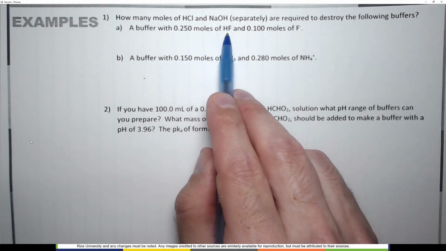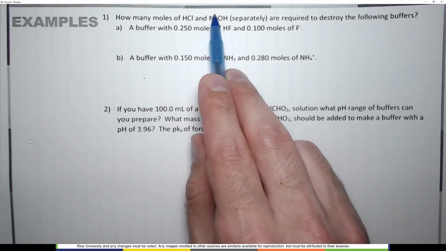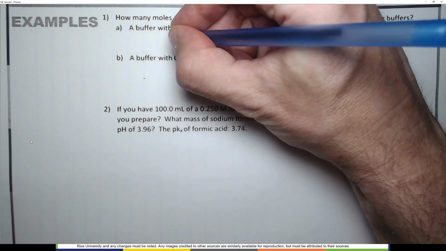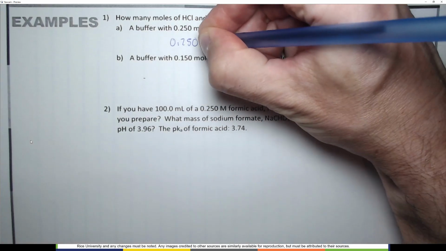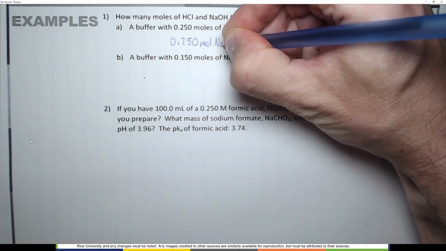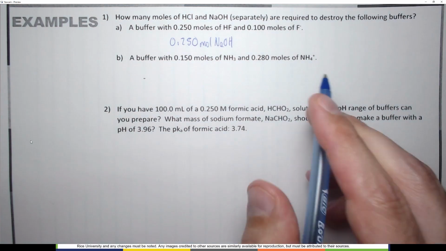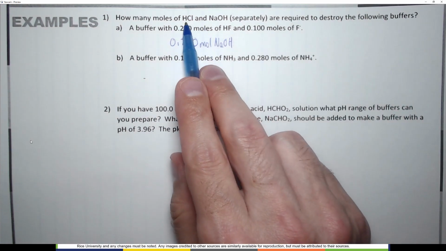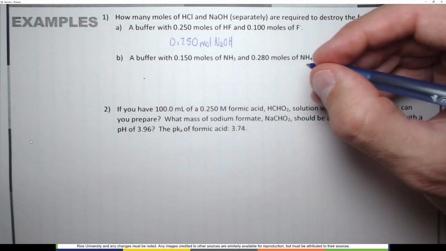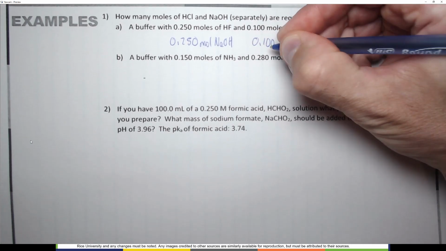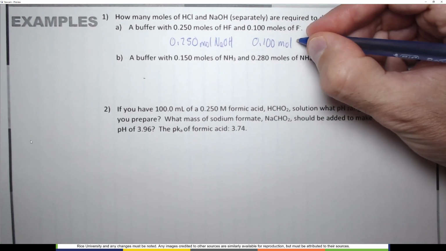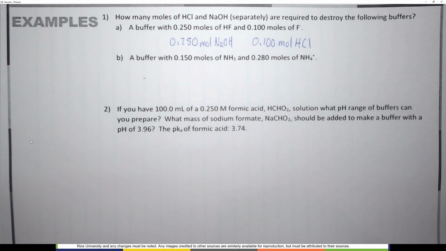It's the opposite. This is the acid, so the base is what's going to destroy it. So if we add 0.125 moles of NaOH, it will destroy the buffer. F- will react with HCl. So we only need to add 0.100 moles of HCl to destroy this buffer.